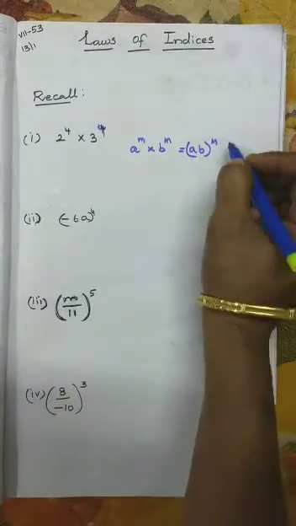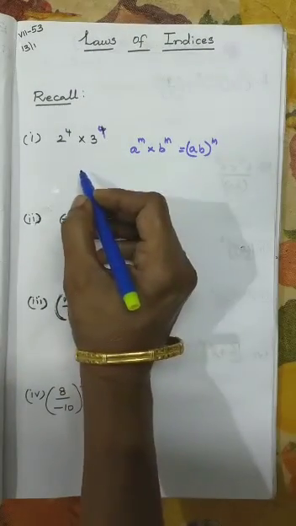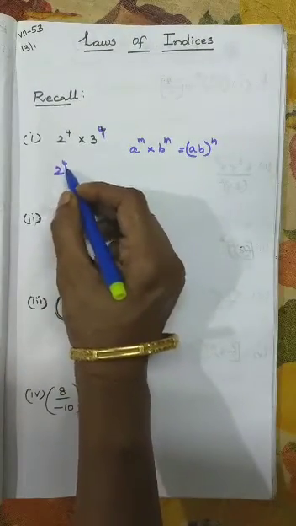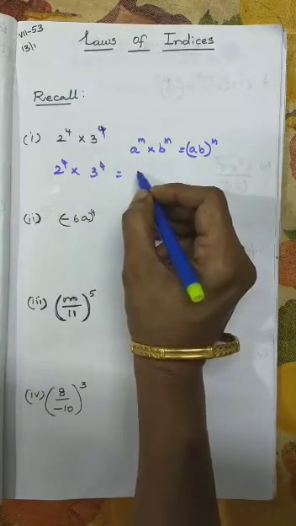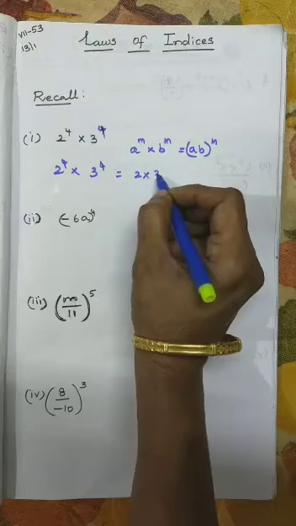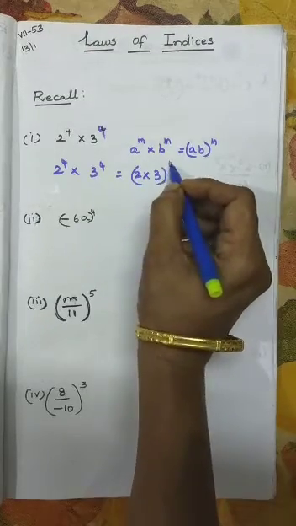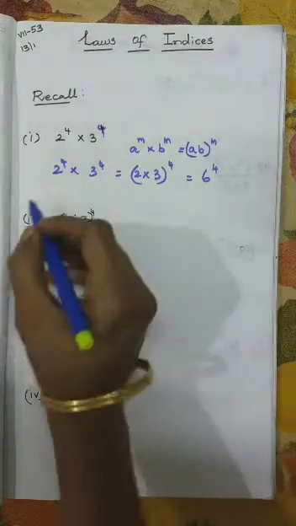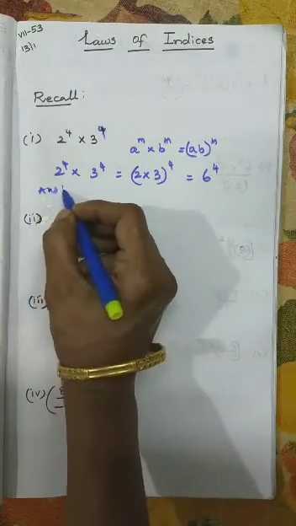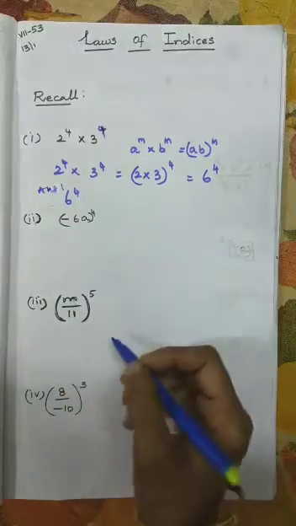Now 2 power 4 into 3 power 4 is equal to 2 into 3 the whole power 4. So the answer is 6 power 4.